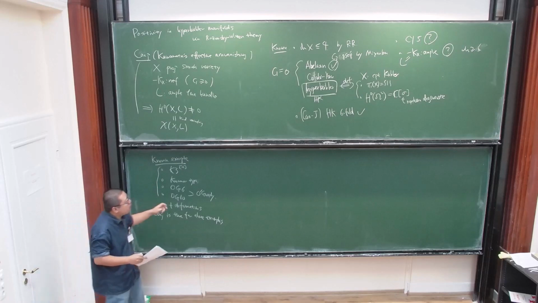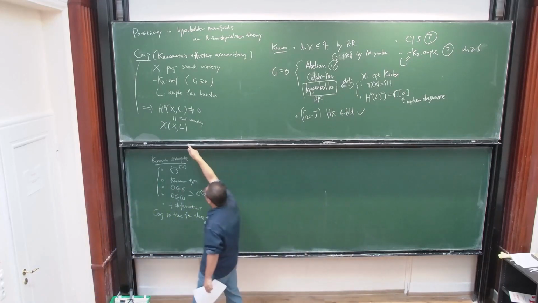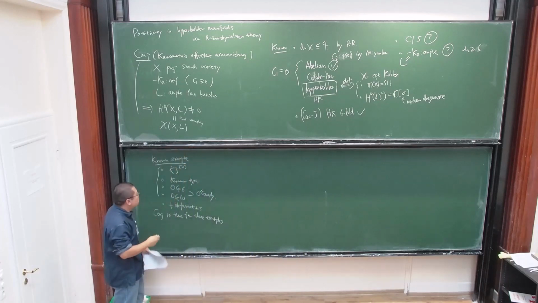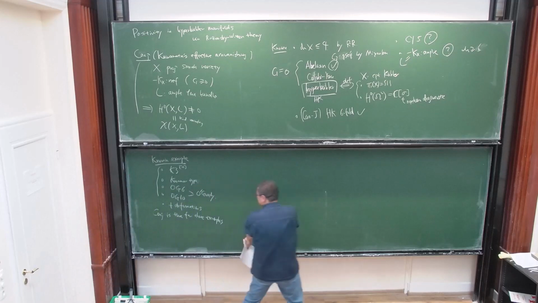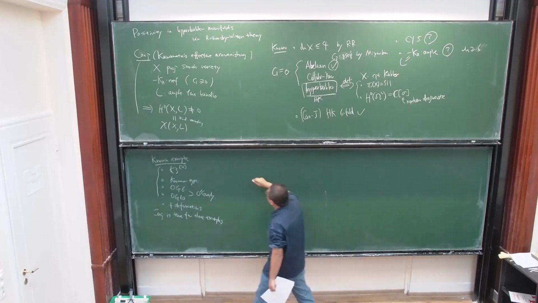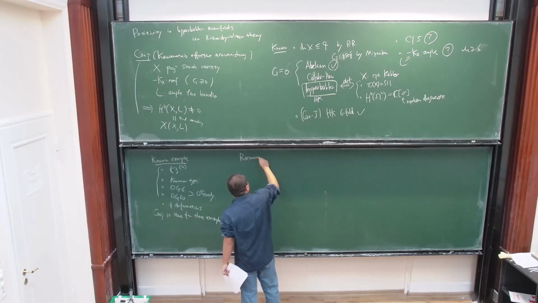so what is special for hyperkähler is that the Riemann-Roch formula becomes easy. Okay, so let me first introduce the so-called Riemann-Roch polynomial.